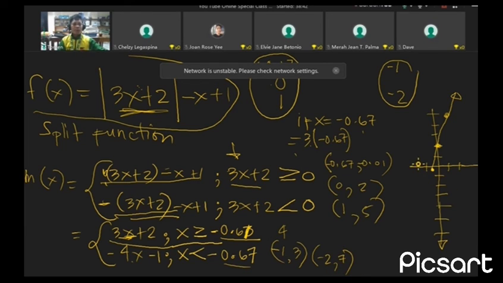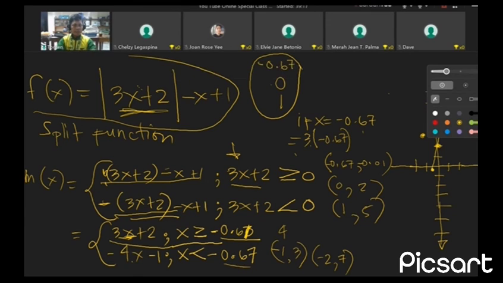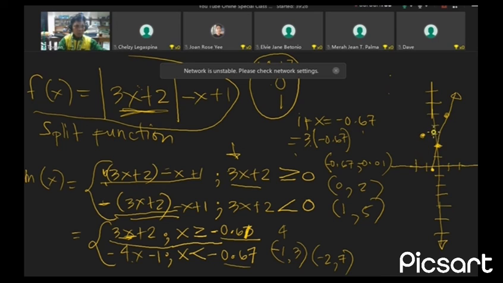So we have negative 1 and 3, located here, and negative 2 and 7, located here. So this is the graph of this.